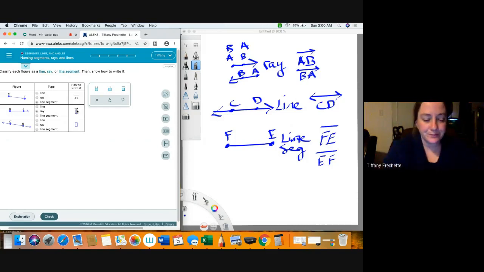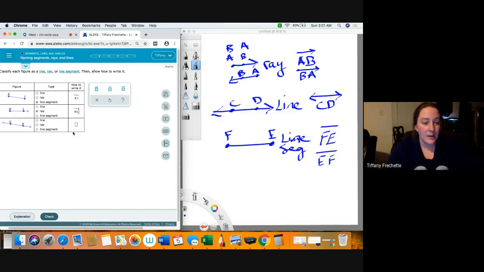So what we do is we write M and then L. This one is specific. I can't go ML. If I switch this one around, it will mark me wrong. So I have to have the M because that's where the point starts. And then the arrow is going toward L, so it's going in that direction.